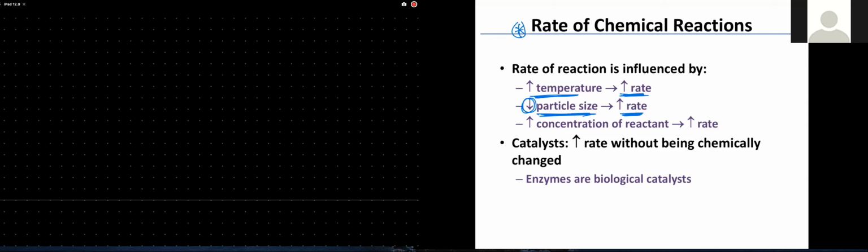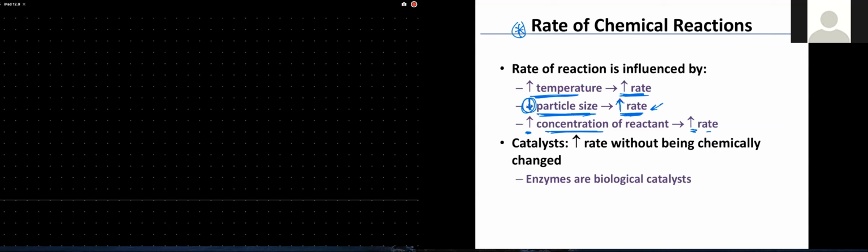If I am dealing with large compounds, I will need to break them down first in order to carry on my reaction, so it's going to take me longer. So the smaller the size of the particle, the faster the rate of reaction. Also, the concentration of the reactant. If I have more reactants, the rate of the reaction is going to be higher.